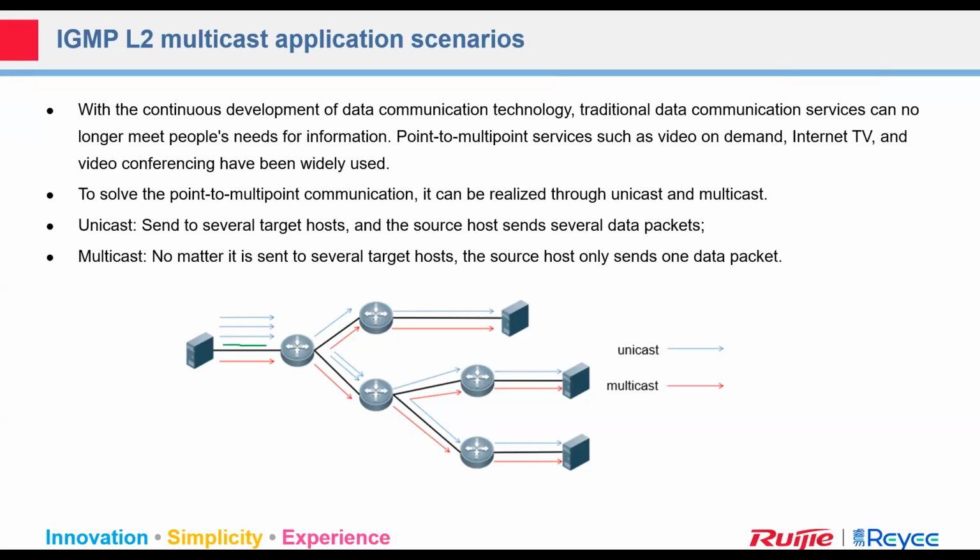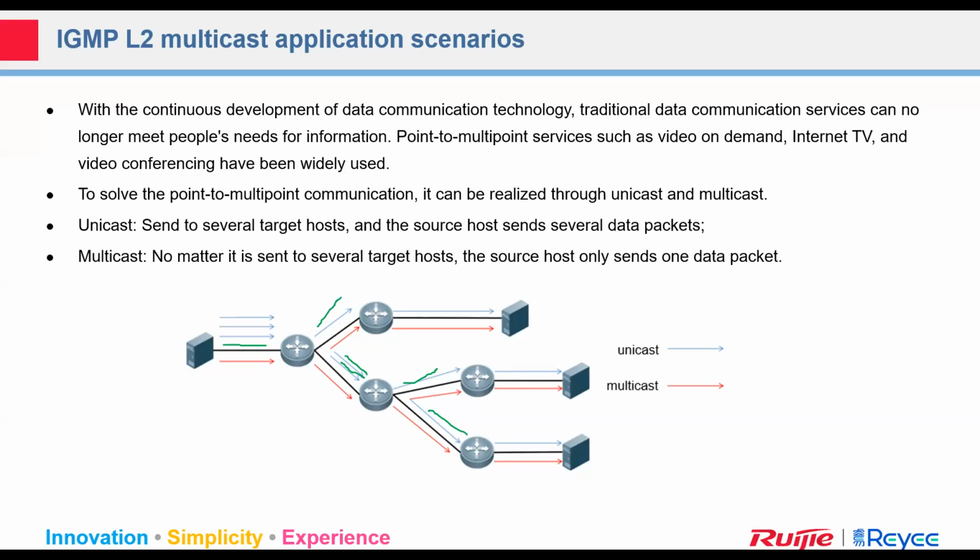You can see there are 3 arrows here, being distributed to 3 different destinations. So here for unicast there are several targets from the host.